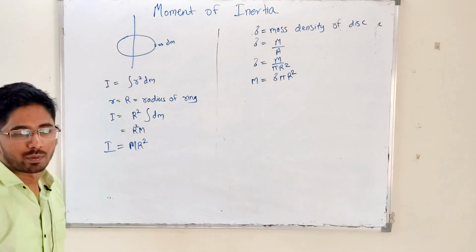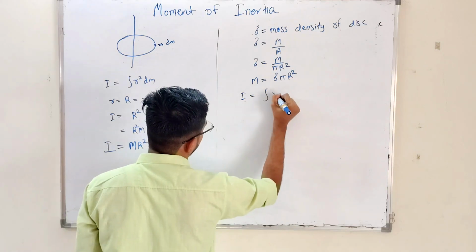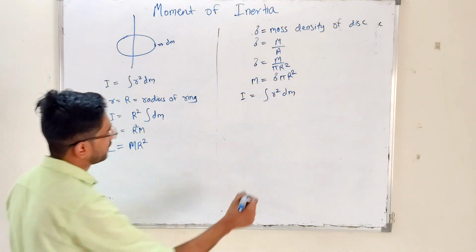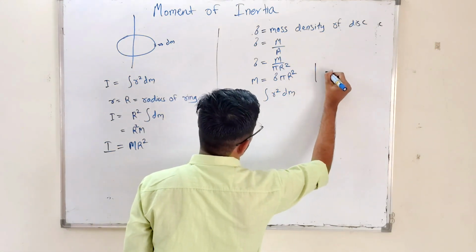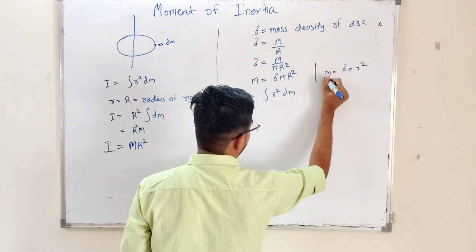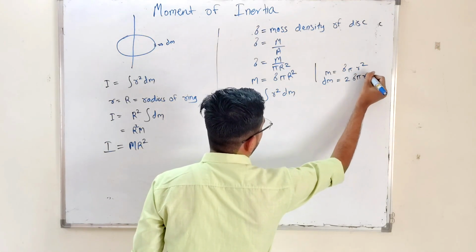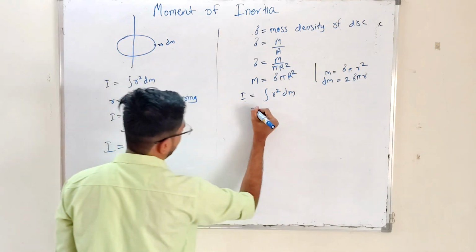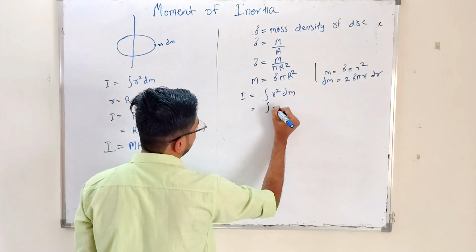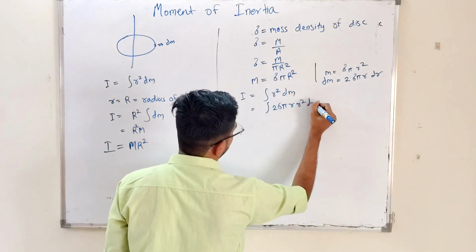Here we can again jump to our original formula where I is equal to the integration of r square dm, and your small mass element will be sigma pi r square, or we can take its derivative, which will be equal to 2 sigma pi r dr. So here we will have the integration of 2 sigma pi r square dr.